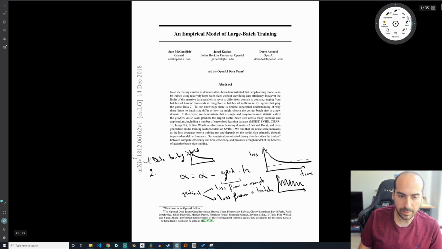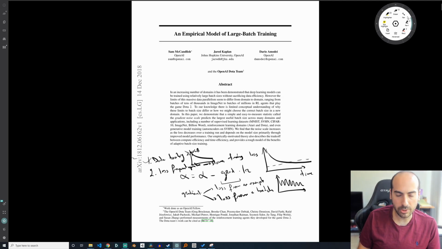The second is that you're doing less frequent updates, which means slower training in general. You're doing fewer updates, but each involves looking at many more examples, so overall this is much slower.